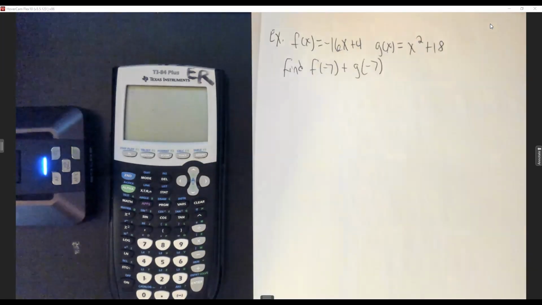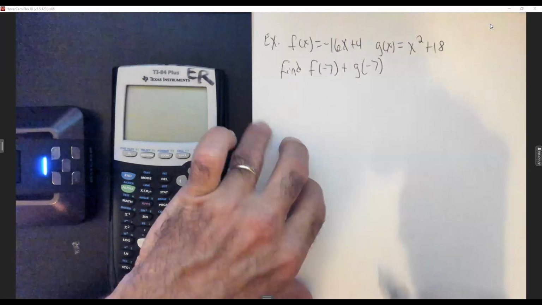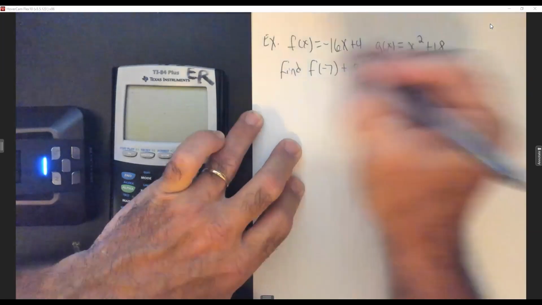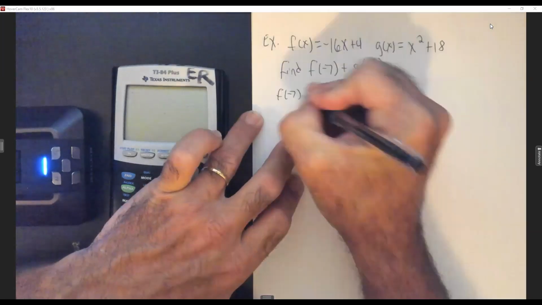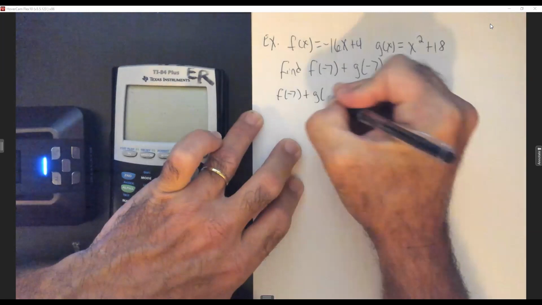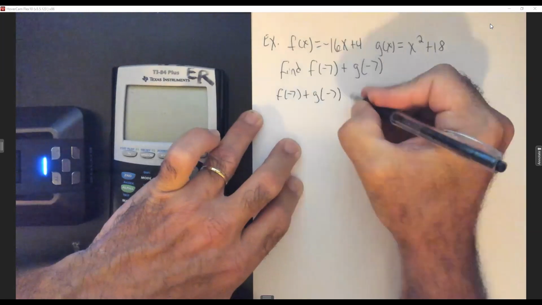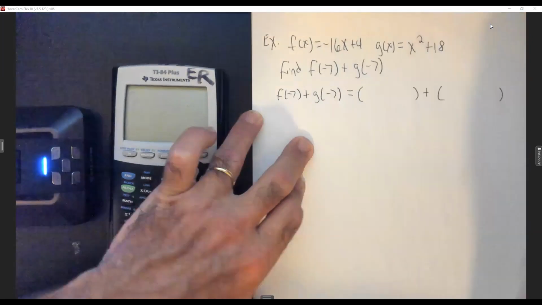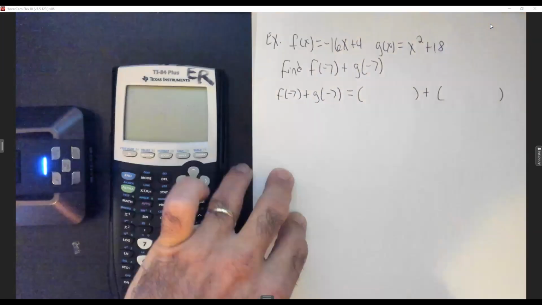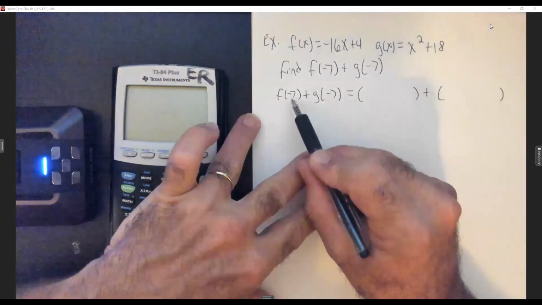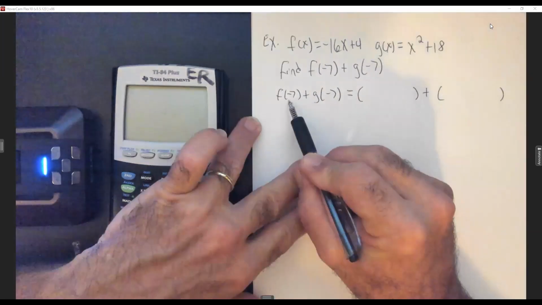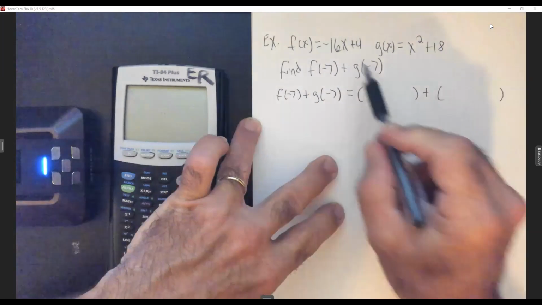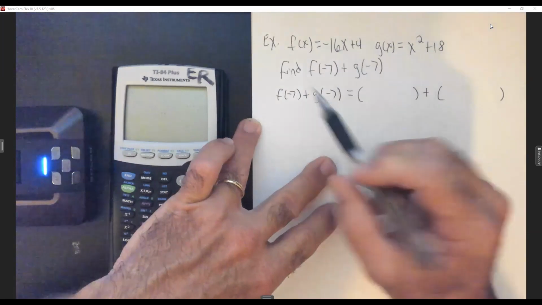So this time they are giving me replacement numbers here, okay? So I know f of negative 7 plus g of negative 7 is going to equal my f plus my g. Now remember, they got a negative 7 here instead of an x. So when I put this f of x into these parentheses, I got to replace this x with that negative 7.